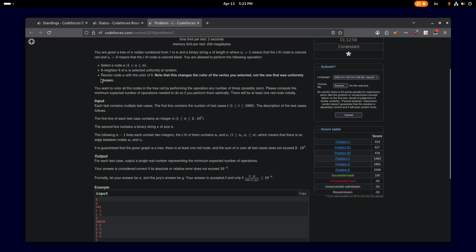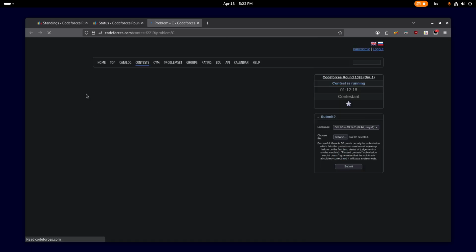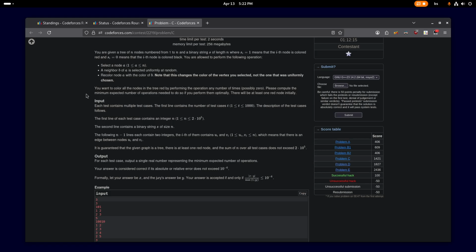Anyway, if the probability of an event happening is P, then the expected number of times you need to do it until you get at least one good outcome is 1 over P.